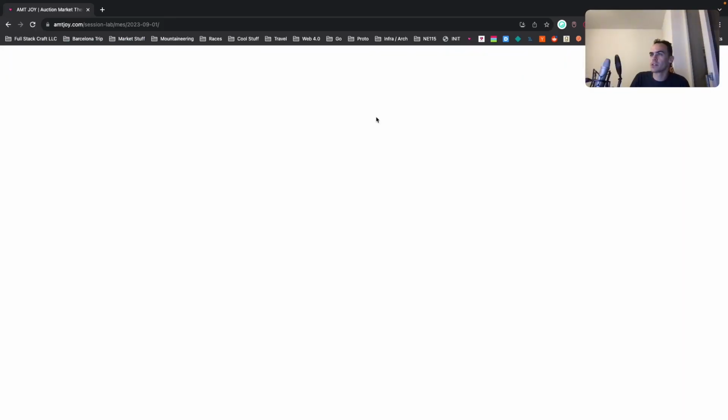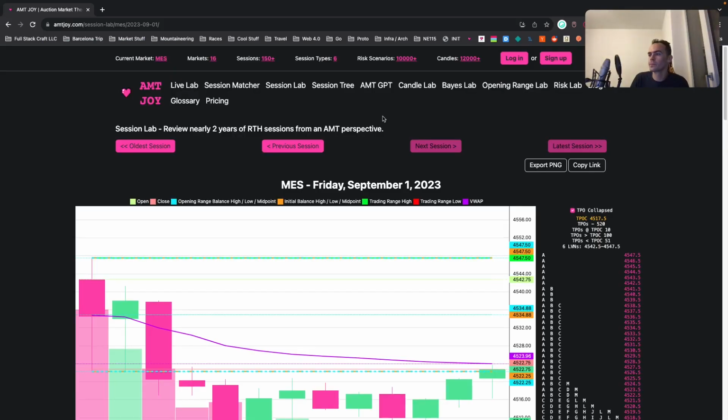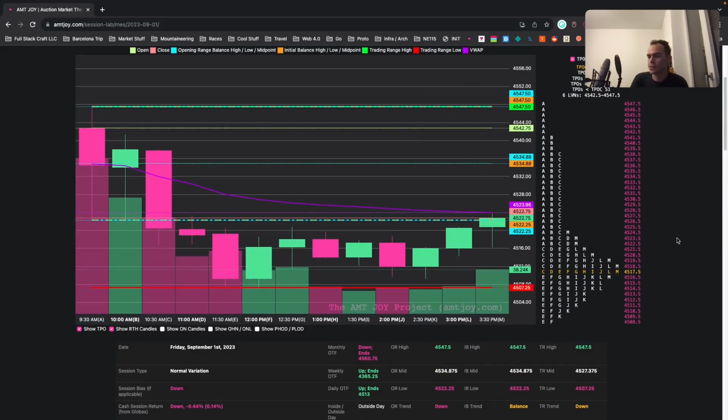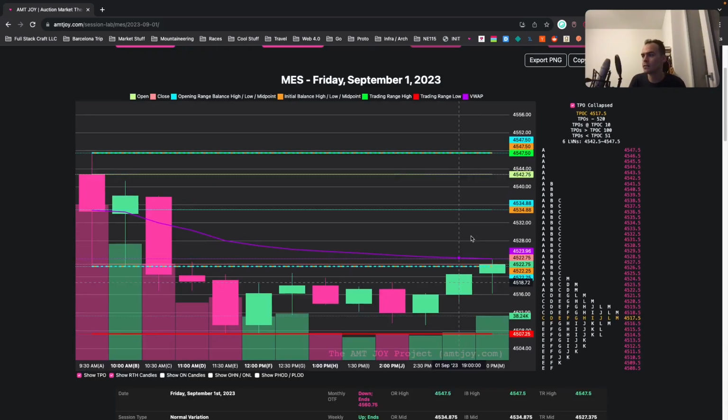Maybe I'll have to switch to MNQ. Here we go. So you can define all these colors. Also the opening range color, right now it's light blue. The initial balance is orange. High of day is this bright green. Low of day is bright red. VWAP, all those colors you can define if you log in.